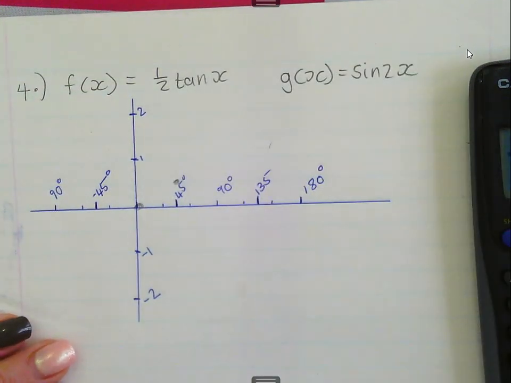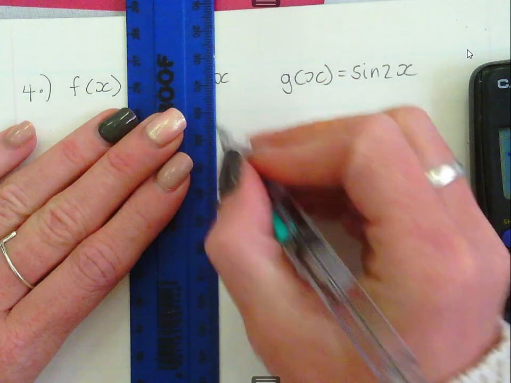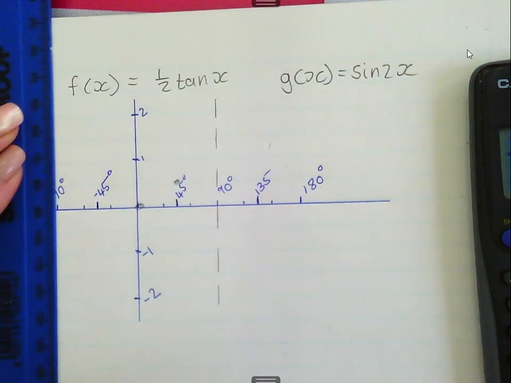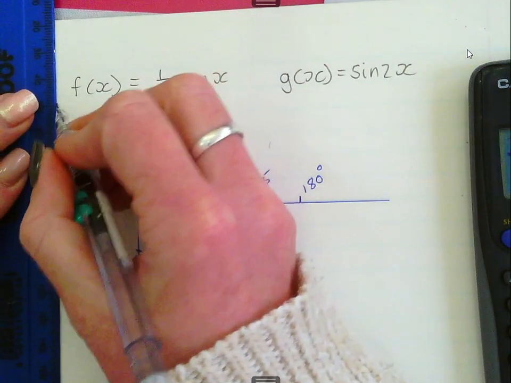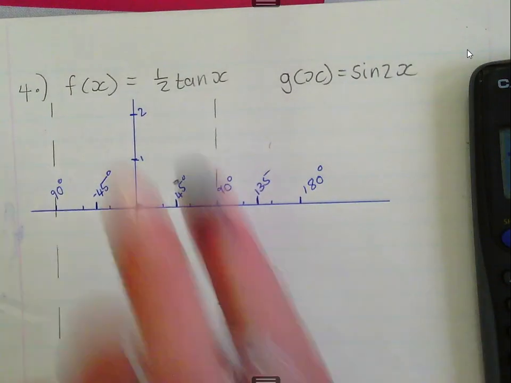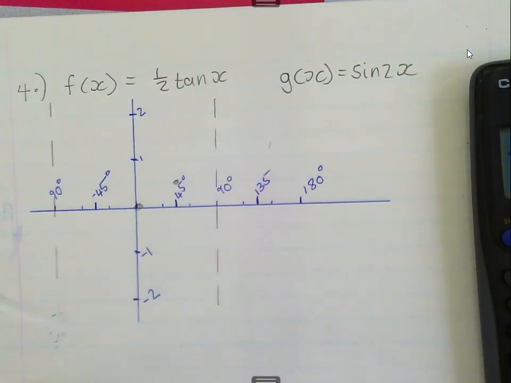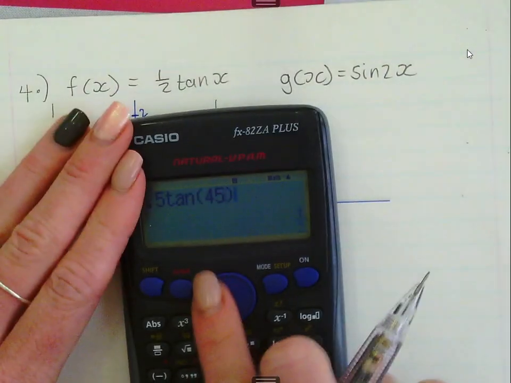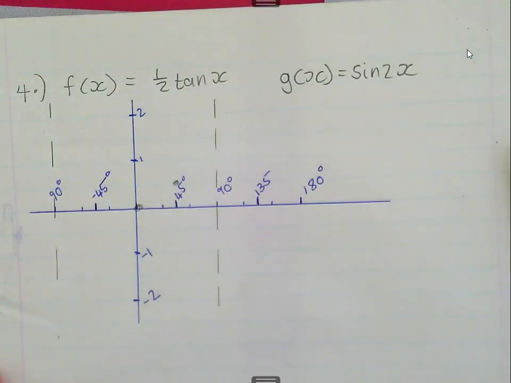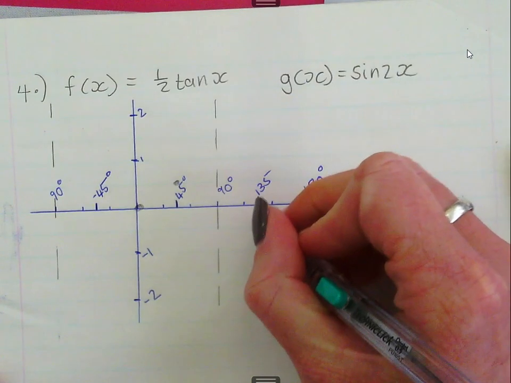If I substitute in 90, I see I get math error. And therefore, I have my asymptotes. If you knew it from the beginning, you could have drawn it in, it's fine. Then I substitute in 135, I get an answer of negative a half.